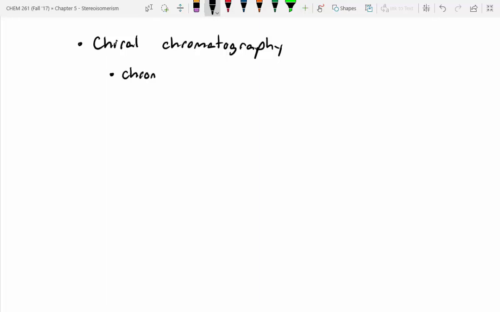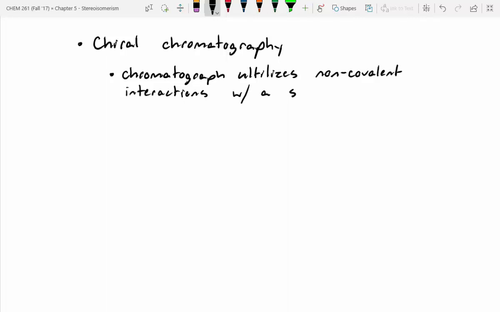So chromatography utilizes non-covalent interactions with a stationary phase, meaning some sort of support that your compound's forced to go through to separate molecules.